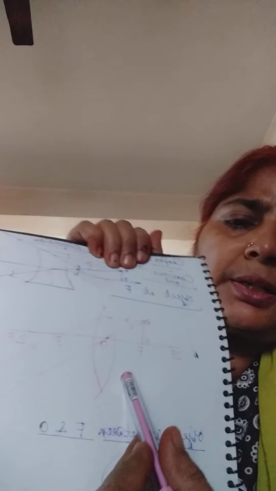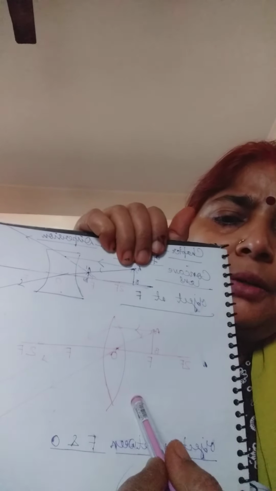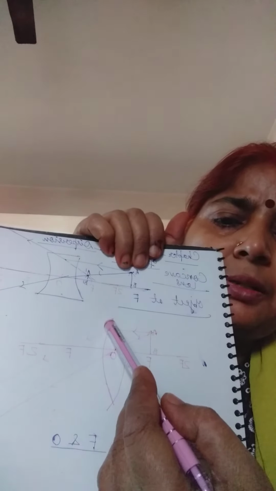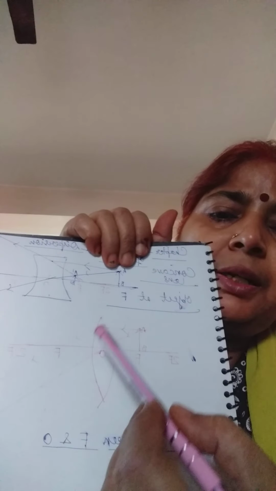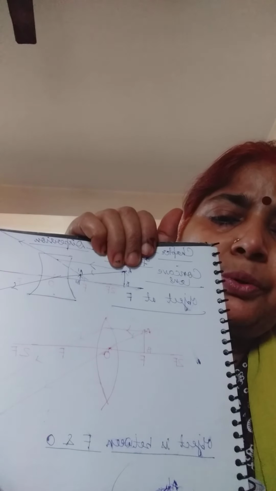Now today you will see, children, when the object is kept at the principal focus, the first focus of the lens. The object is placed at focus of the lens. One ray is coming parallel to the principal axis. After refraction, it passes through focus.